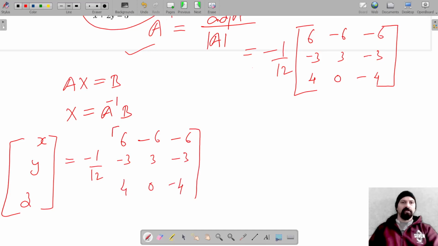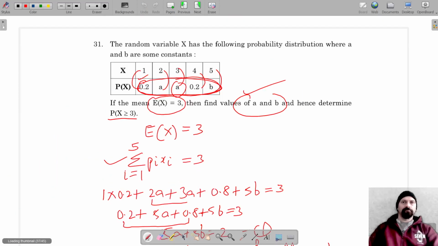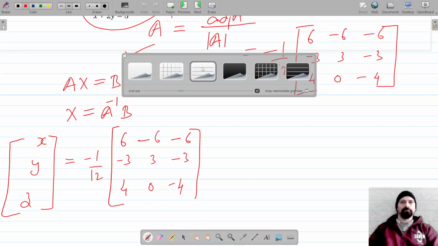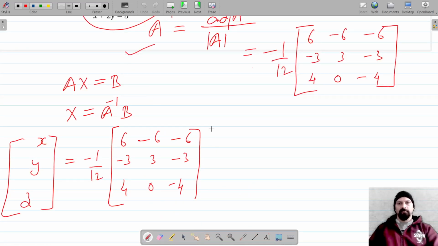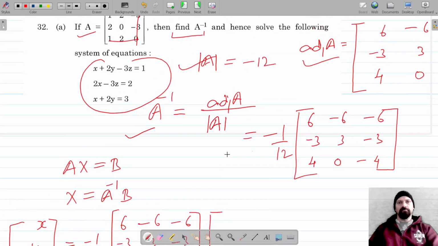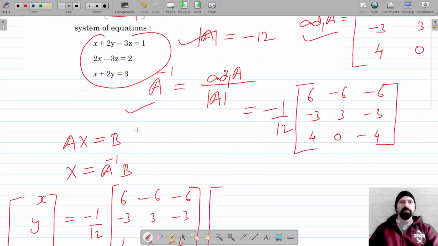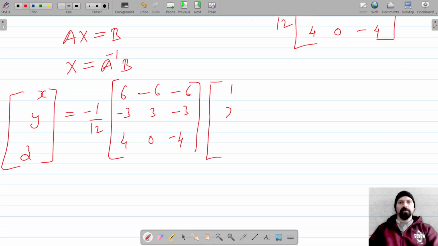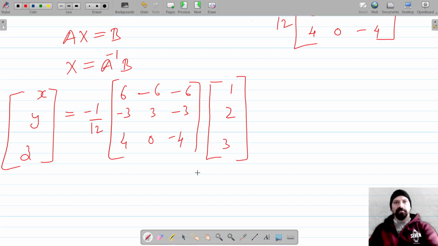And we have to multiply this with the B matrix. B is a matrix that has the constants, which are 1, 2, and 3. So this is 1, 2, and 3. Okay, so let's find the product of this.